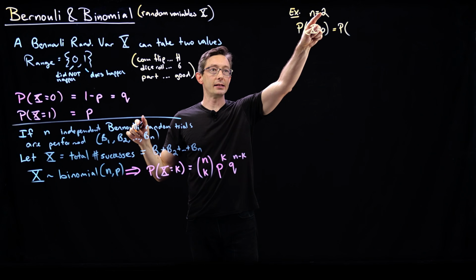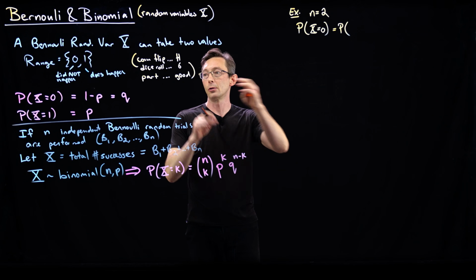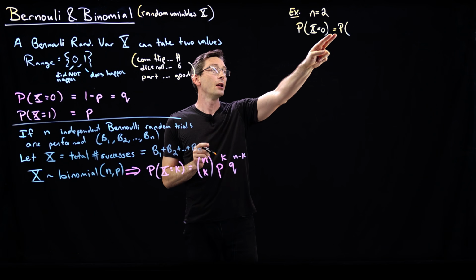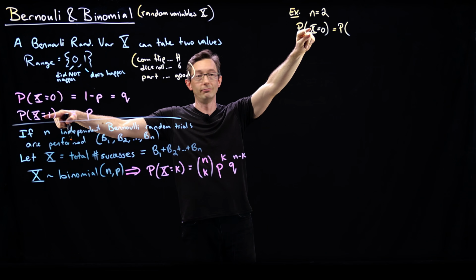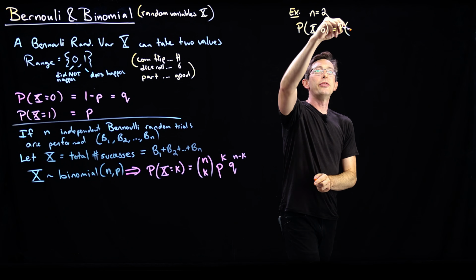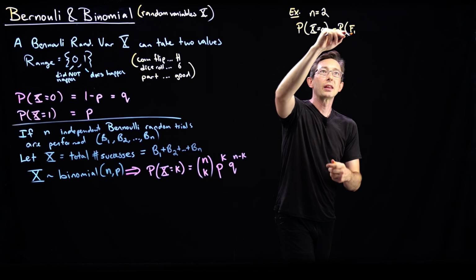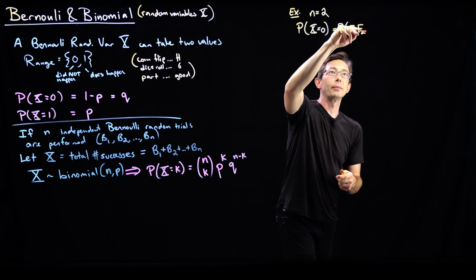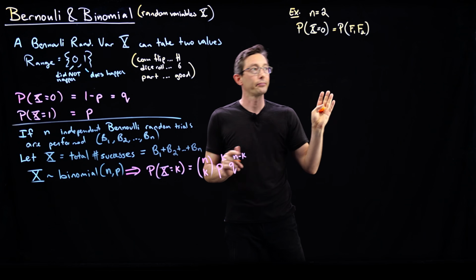It essentially means I'm doing 2 trials. I'm flipping 2 coins, or I'm rolling 2 dice, or I'm testing 2 parts. It means that for 0 successes, for 0 Bernoullis equaling 1, then I have to have a failure on my first trial, and I have to have a failure on my second trial. That's the only way I can get 0 successes out of 2 trials.